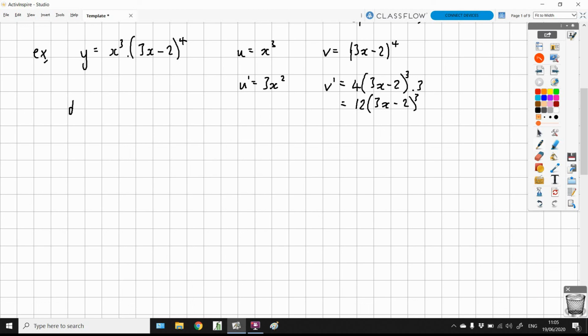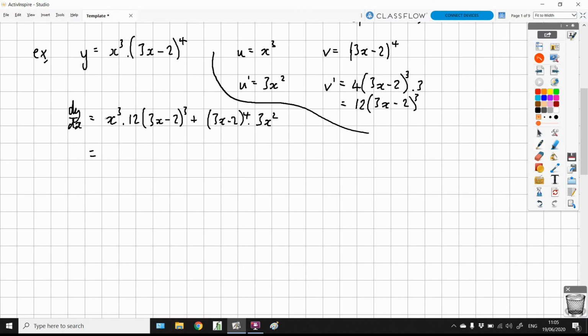Which means that dy by dx equals the first times the derivative of the second plus the second times the derivative of the first. Notice how long the line is getting. You've got to be very careful not to get these tangled up with each other.